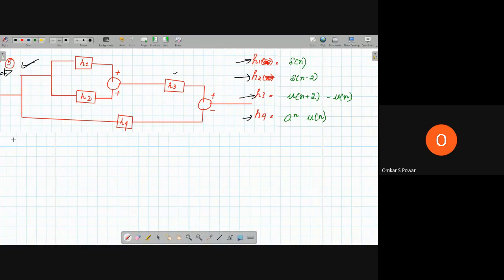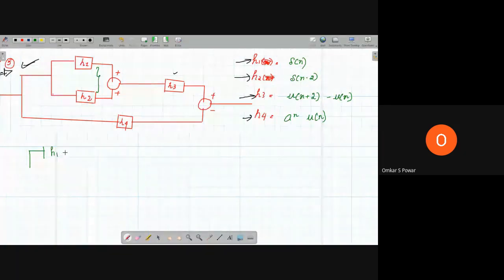Okay. So what I told you, first thing, we have to solve this block step by step. So let us solve this block. So H1 and H2 are in parallel. So what will become your H1 and H2? So your H1 will be added to H2.